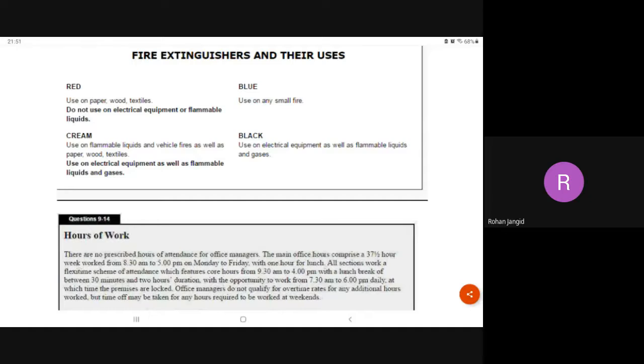Cream, where it can be used: flammable liquids, vehicles, and paper, wood, and textiles. Use on electrical equipment as well as flammable liquid. Blue kahan use hoga? You can use it on any small fire. Black, use on electrical equipment as well as flammable liquids. Got it? So these are the 4 types of extinguishers.